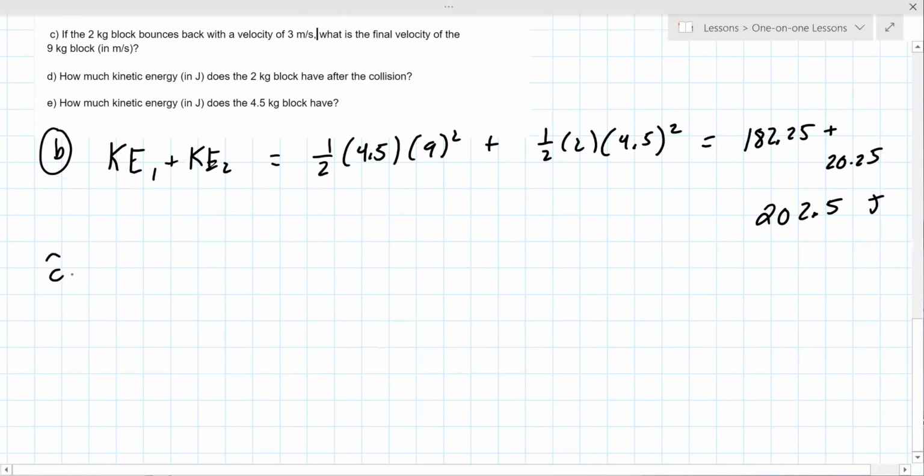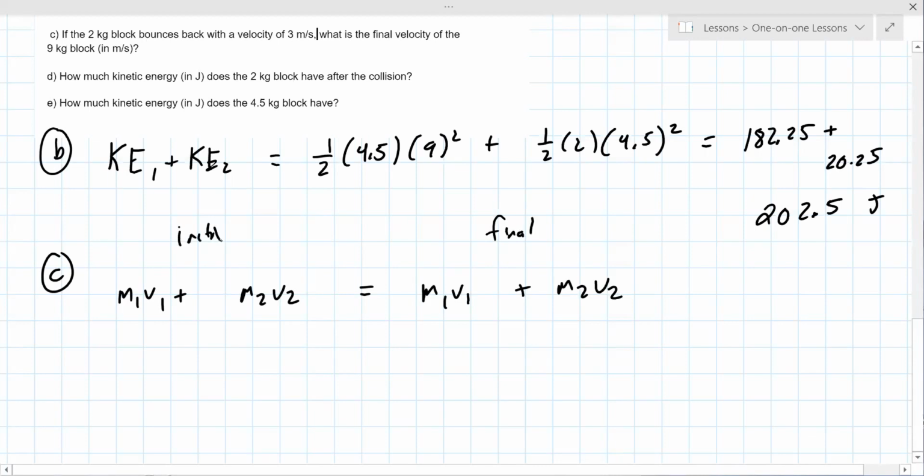Part C. If the 2 kilogram block bounces away with velocity 3, what's the final velocity of the 9 kilogram box? So we have m1 v1 plus m2 v2 equals m1 v1 plus m2 v2, and this is the final side and this is the initial side.